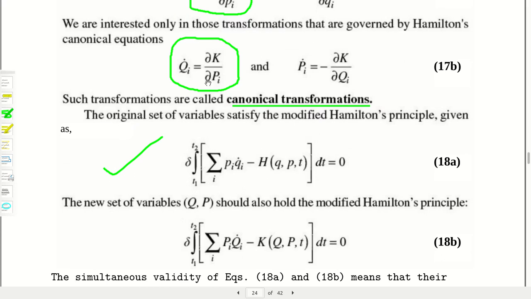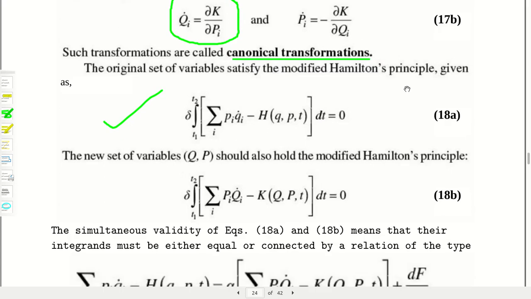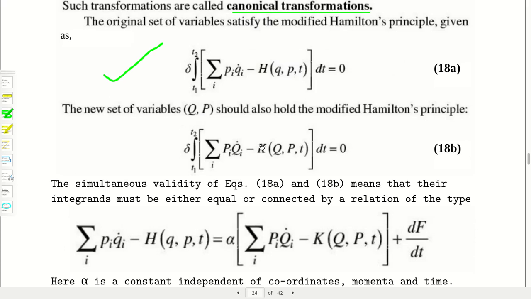Okay, since they are satisfying the same type of Hamiltonian canonical equations with modified Hamiltonian K. So K is there in place of H, and p and q are replaced by the capital ones. So these two equations should be valid simultaneously, because from the old coordinates you jump to the new coordinates, so both of them are present at the same time. So those equations are simultaneous equations.